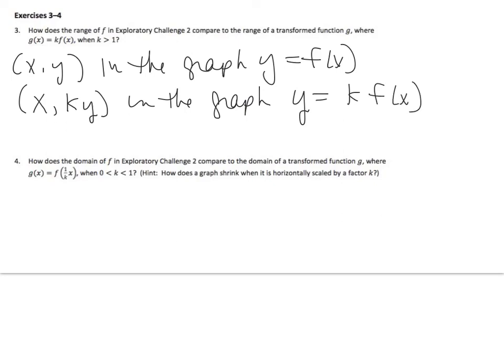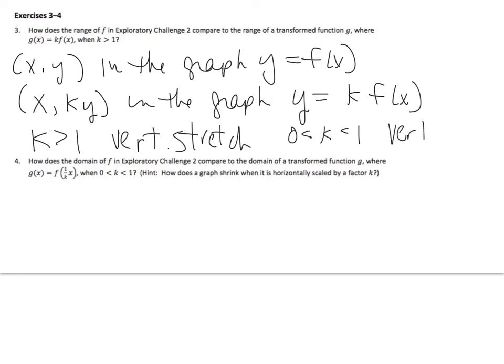Okay? When k is greater than 1, we have a vertical stretch. And when k is between 0 and 1, we have a vertical shrink.